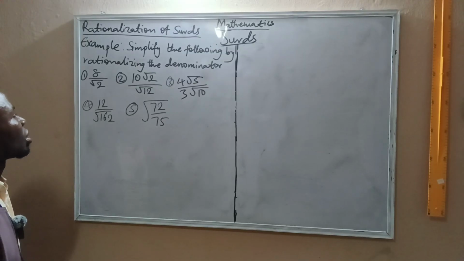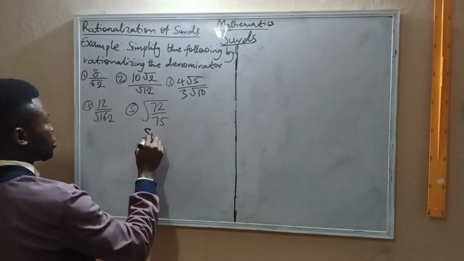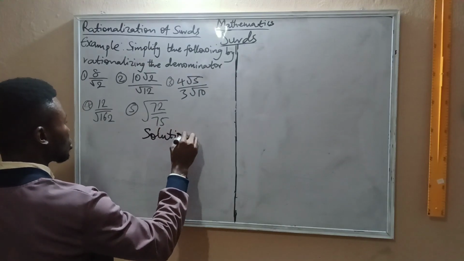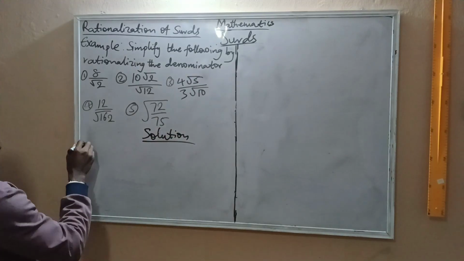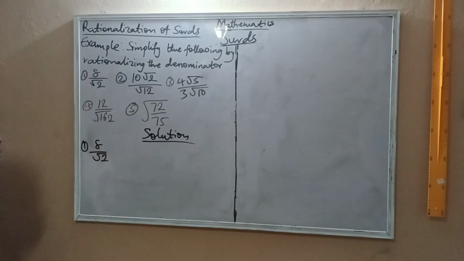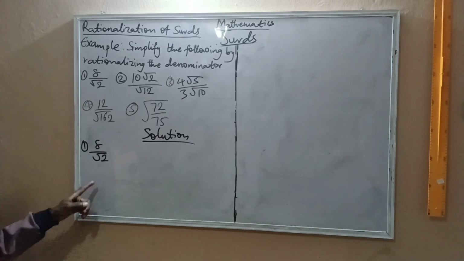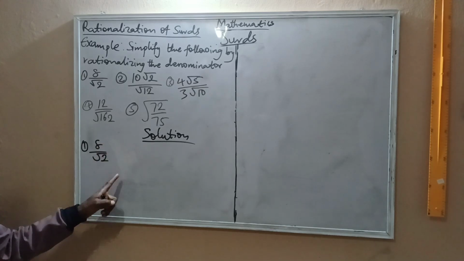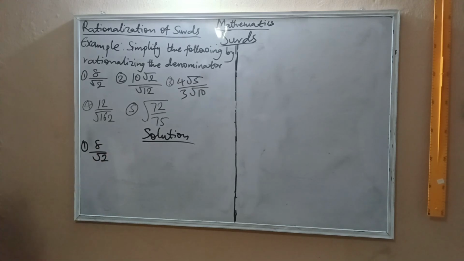Simplify the following by rationalizing the denominator. The first one there is 8 over surd 2. And then how do we rationalize the denominator? To rationalize the denominator, you multiply the numerator and the denominator with the denominator.